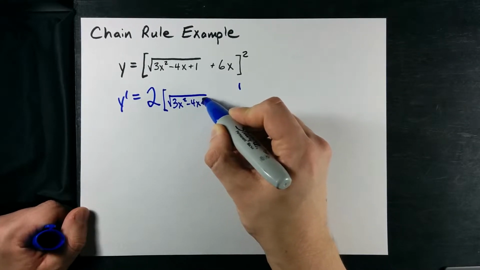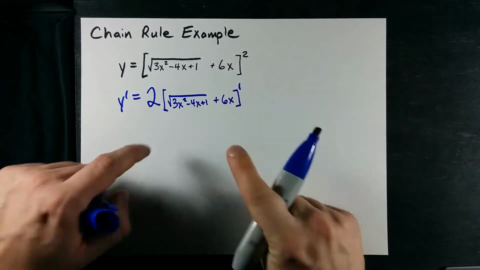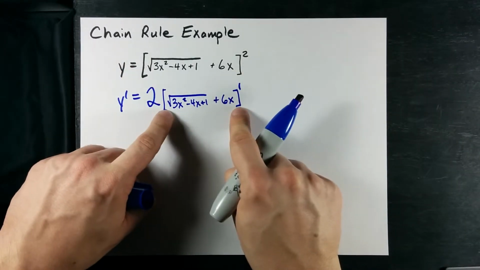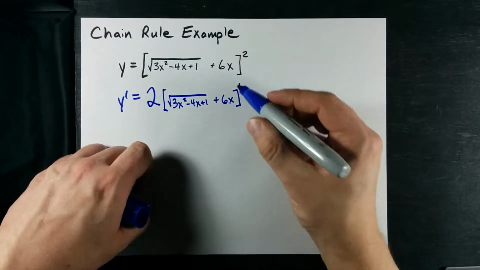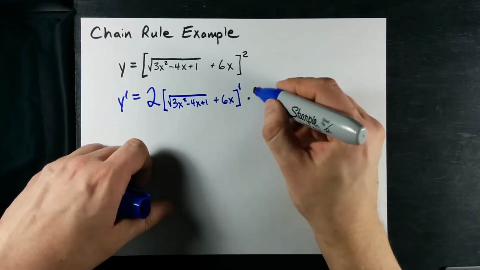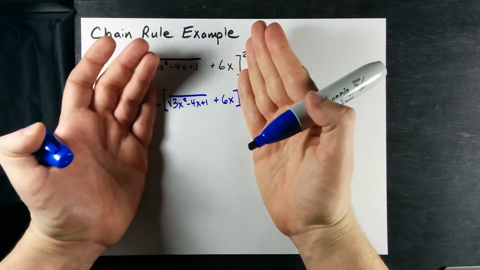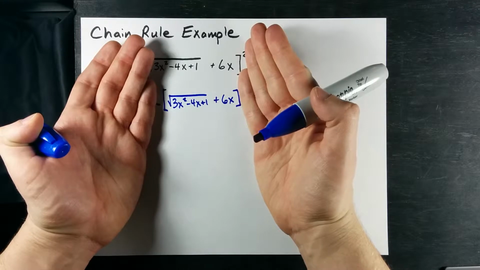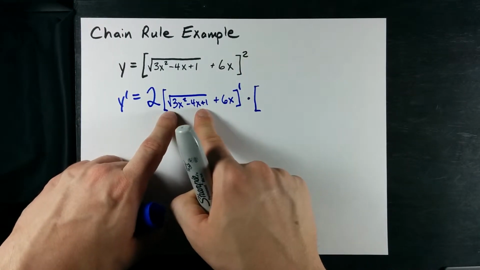This is me copying out the function, plus 6x. See, there's that copied out. The 2 came down, keep that the same, notch the exponent down by 1, times, and then we have to take the derivative of what was on the inside of the brackets. That's this. Now, how do you take the derivative of this?